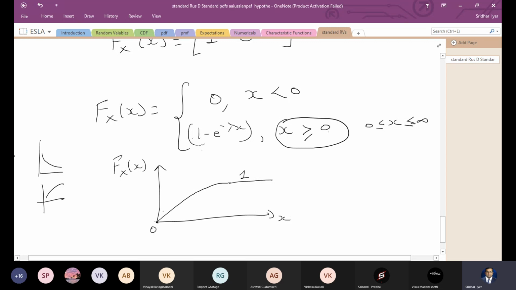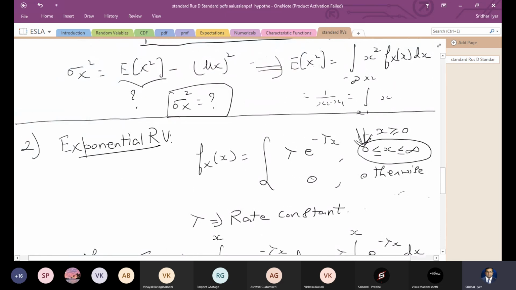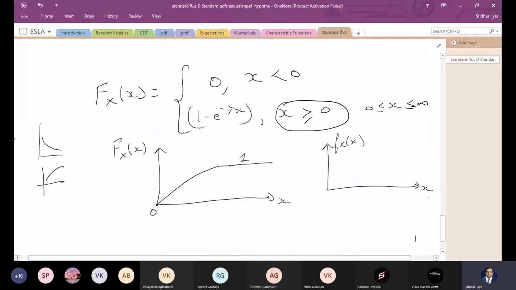So I hope this was clear. I'll also draw the PDF for you. So the PDF, if I scroll up, is lambda e raised to minus lambda x. So that is just a decaying exponential, right? The first value you will get is lambda, and after starting from lambda, this will just keep decreasing.